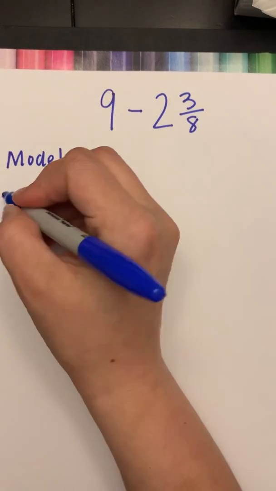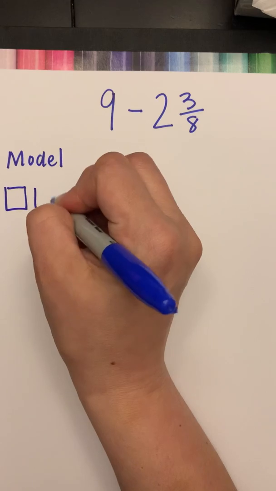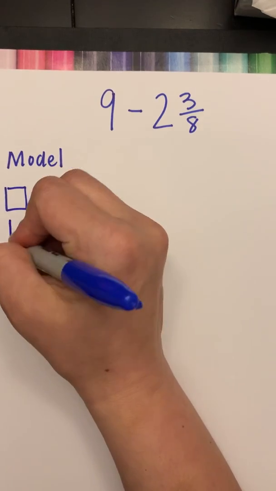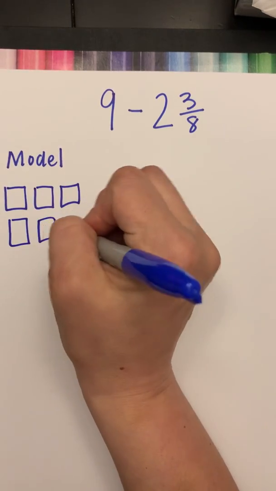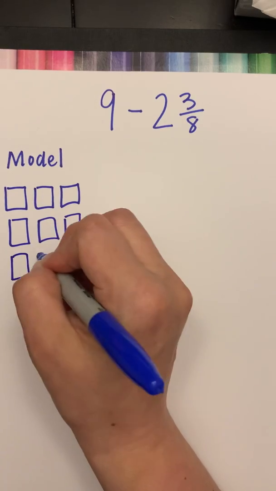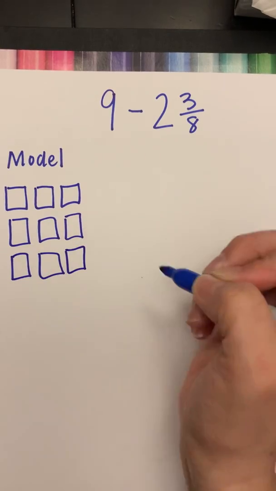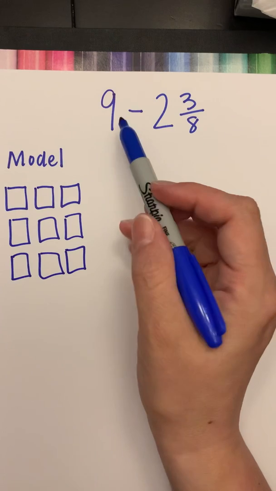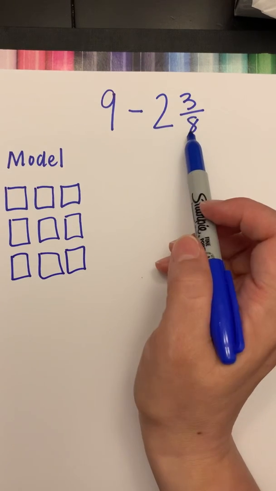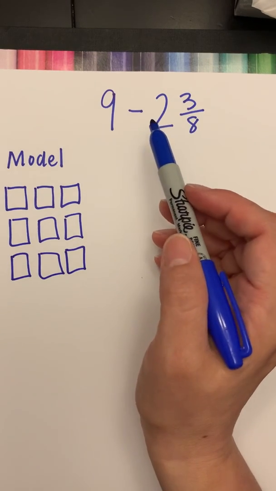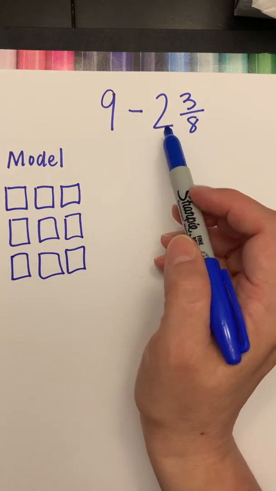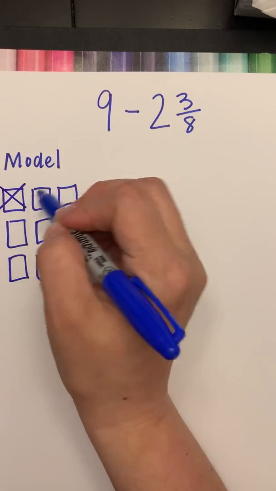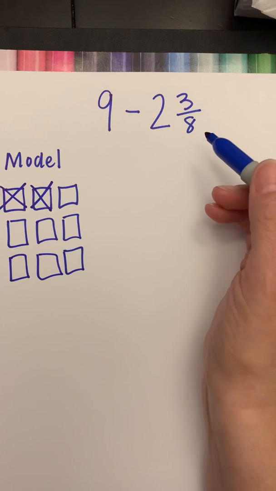So to model that, we would draw 9 wholes. And then we're going to be subtracting 2 3/8 from it. It's easy to take away 2 wholes because we can just take 2 of these wholes away, right?